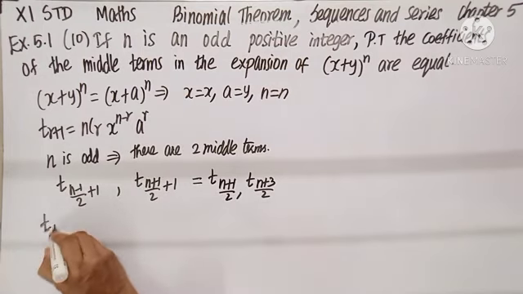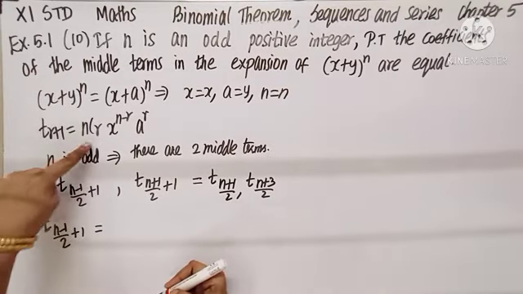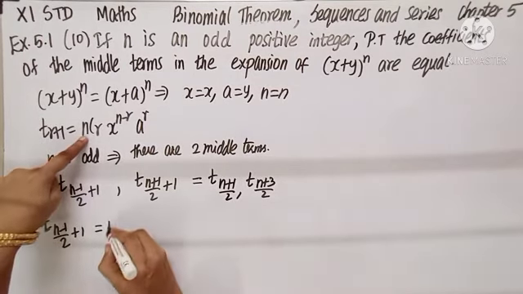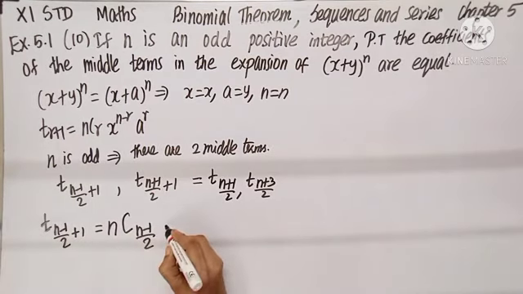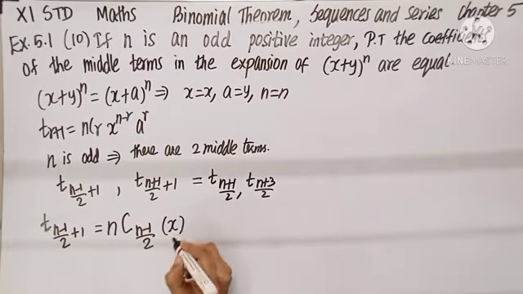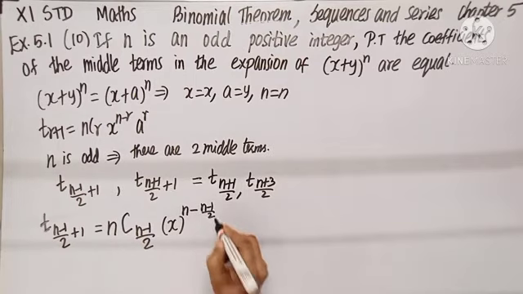So what is T (n minus 1 by 2) plus 1? Wherever r is coming, put n minus 1 by 2. So here n C (n minus 1 by 2). In the place of x, I have x only, power n minus 1 by 2.